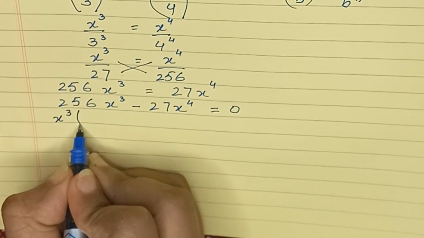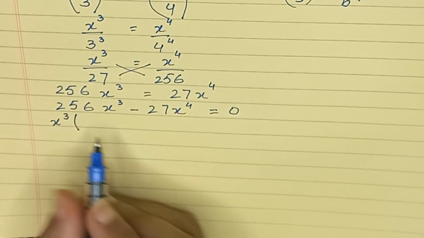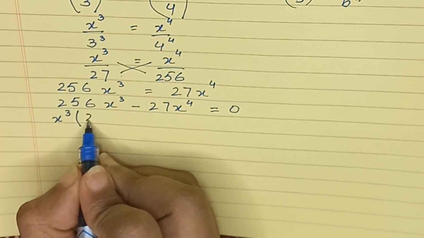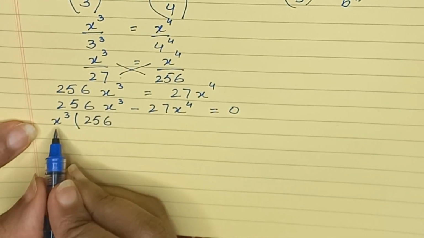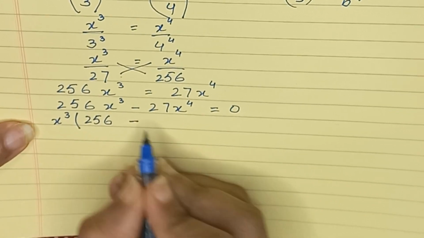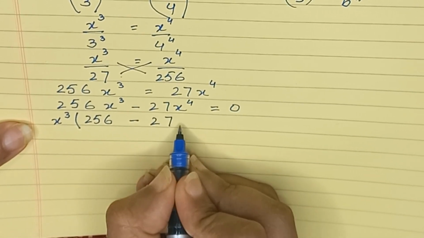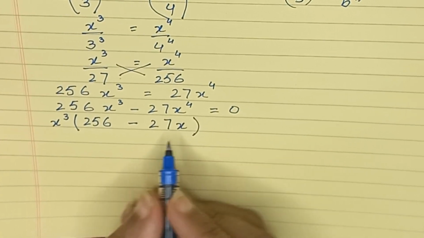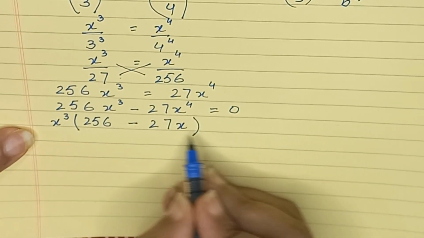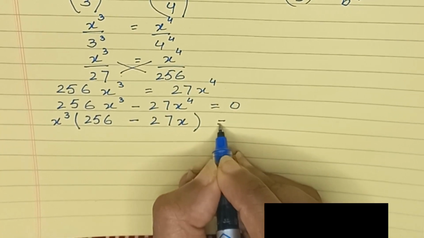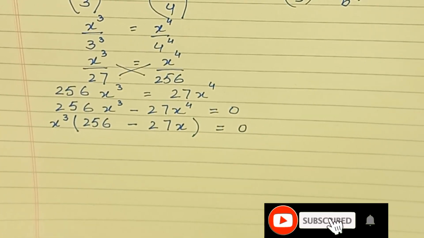So we will take x raised to the power 3 common, and we have left 256 minus 27x, because x raised to the power 4 divided by x raised to the power 3 is x raised to the power 1, which is equal to 0.